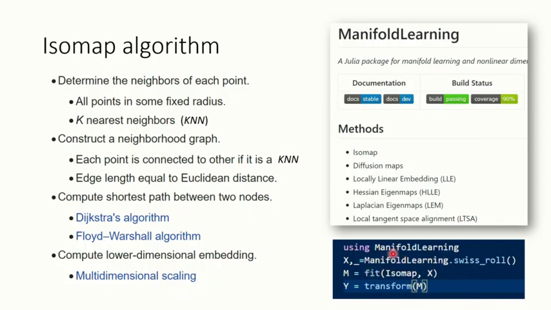They have a package called manifold learning, and you have the Swiss roll data set X, and then you just fit and give the name of this method. Then you will get the transformed data from X, where X becomes Y, and Y is the low dimensional data after the Isomap transformation or mapping.